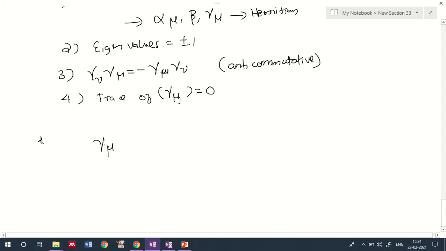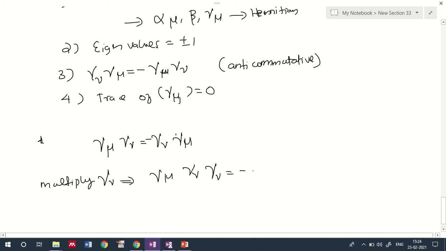Where we have gamma mu gamma nu equal to minus gamma nu gamma mu. If you multiply this equation with gamma nu, it will give rise to gamma nu gamma nu, which is equal to minus gamma mu.